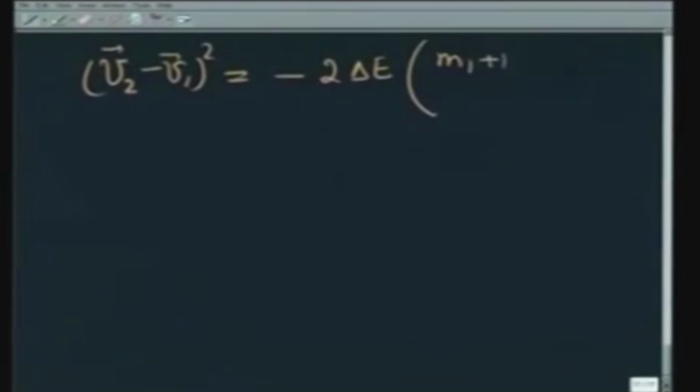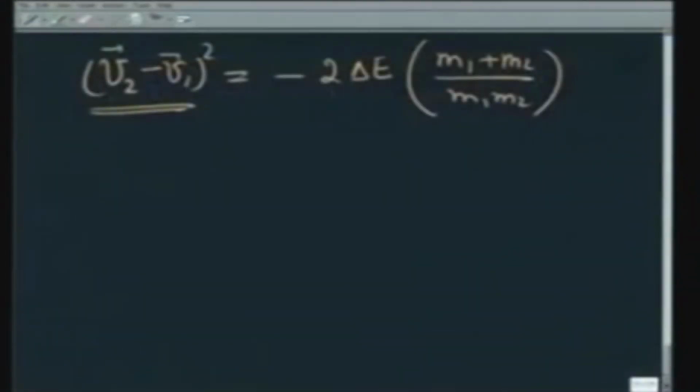What I have obtained by combining the two conservation principles, (v2 minus v1) or (v1 minus v2) square is equal to minus 2 delta E (m1 plus m2) over m1 m2. Notice that the left hand side is a perfect square, so it is always greater than 0.